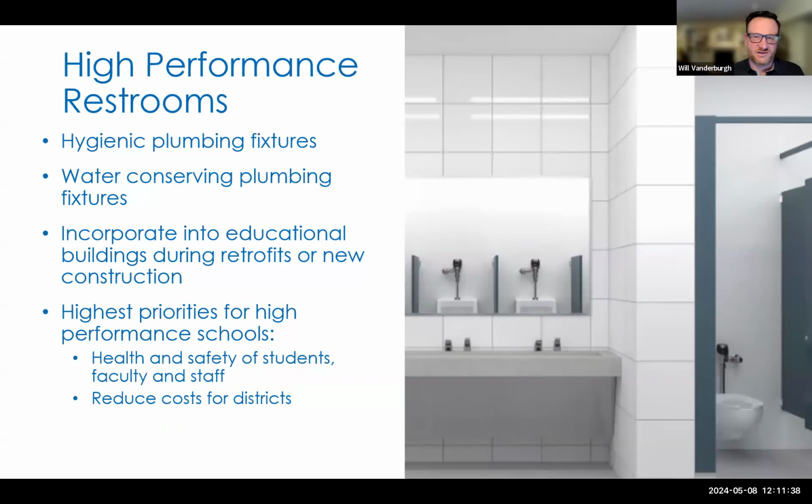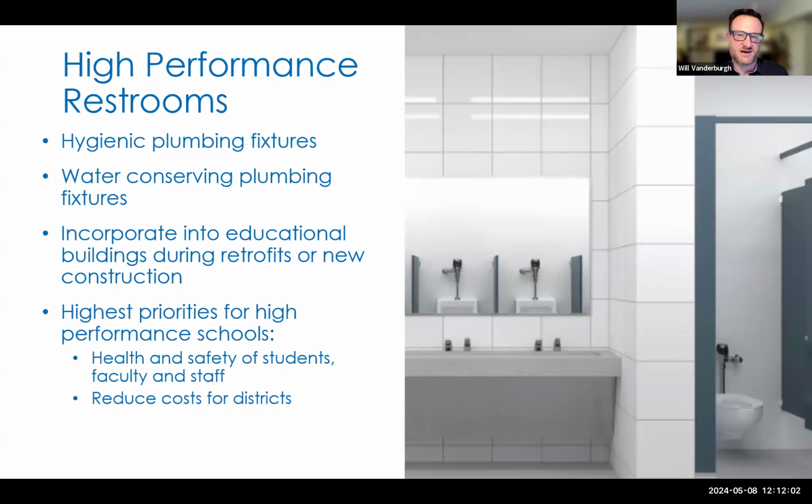So some of the criteria that we look at when we talk about what makes a high performance washroom: we would expect them to have hygienic plumbing fixtures. Those are the sort of plumbing fixtures that can operate with minimum interaction between the user and the fixture itself, and possibly materials that help prevent bacteria growth on them. Water fixtures should be conserving water.